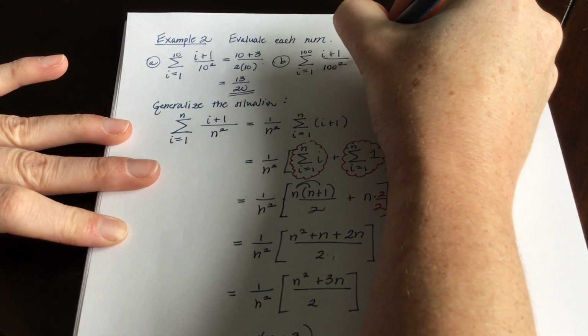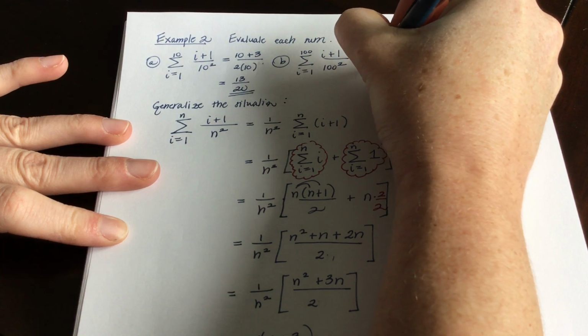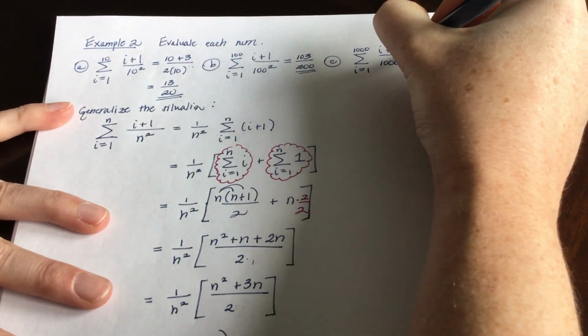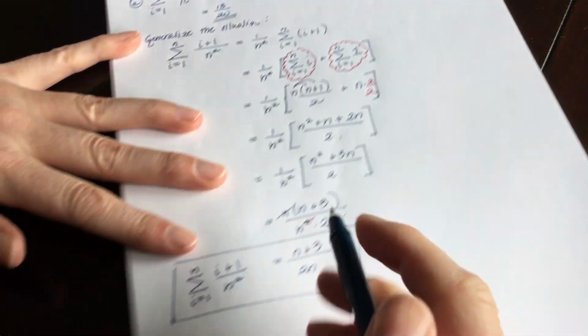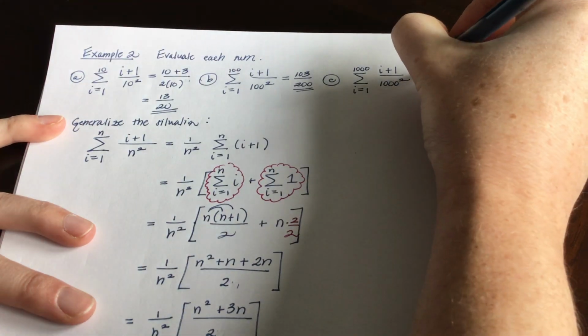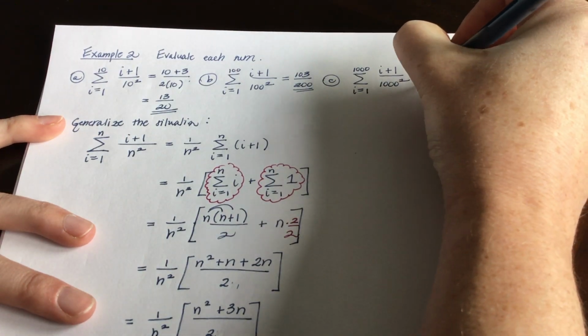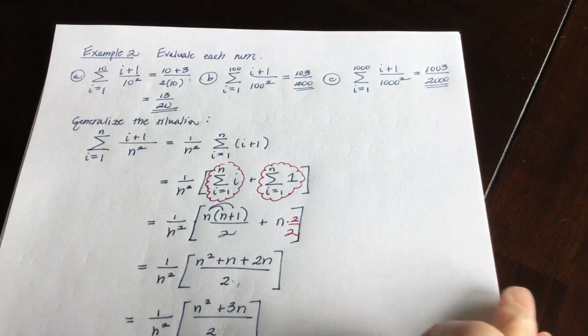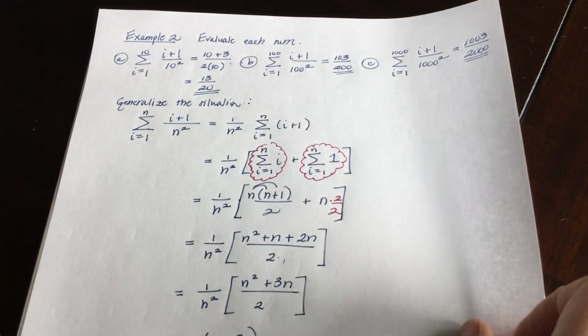So that would be 103 over 200. Okay, and then this one, you would have 1,000 plus 3 over 2 times 1,000. There we go. Okay, all right.